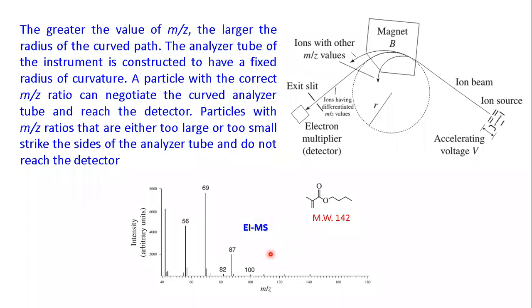Suppose you have a molecular ion peak at 100, you may have generation of peaks above 100, but those are generally excluded in the detector due to this technique. So bigger or very small will not be detected. The considerable amount of M by Z value will be detected.